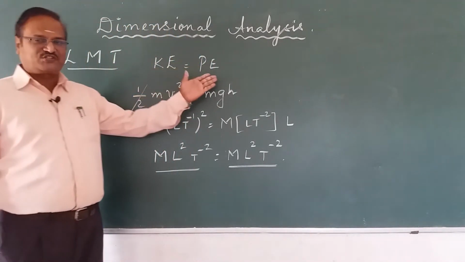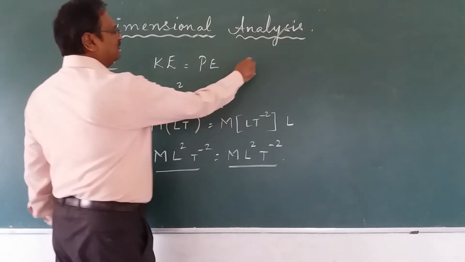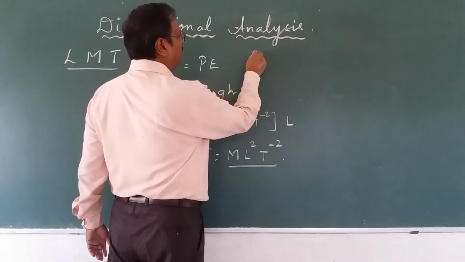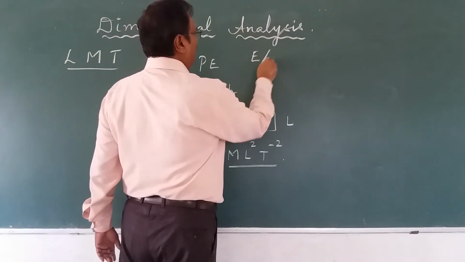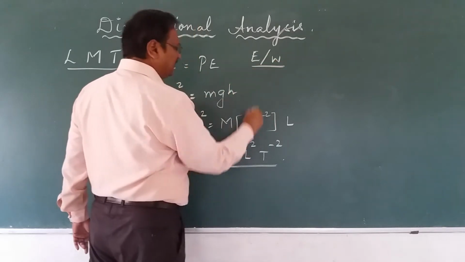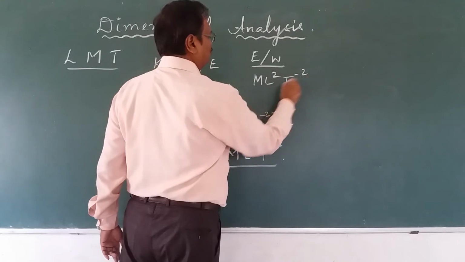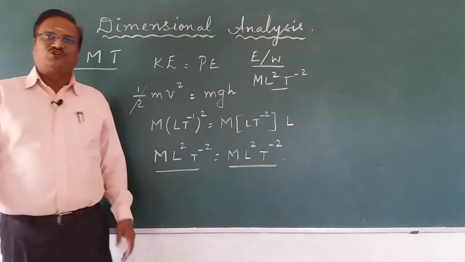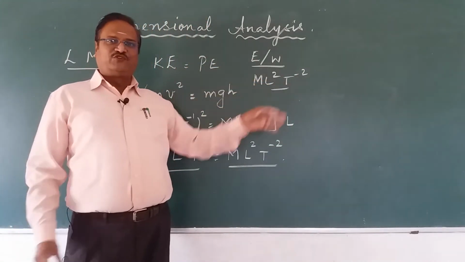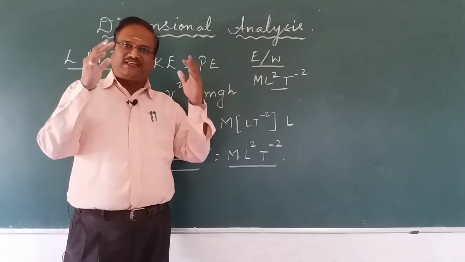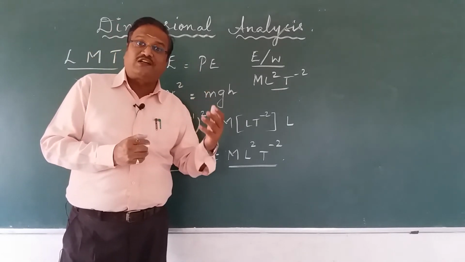So this is dimensionally correct, and that is why the dimensional formula for energy or work done turns out to be m L power 2 t power minus 2. Dear students, do not memorize. If you know the basic fundamental definition, what is work done?